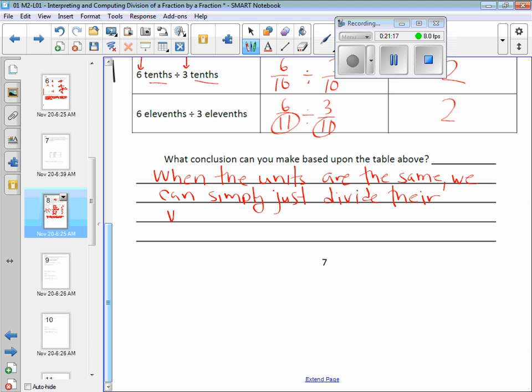Can you read my writing? Hold on. I'll read it out loud to you too. When the units are the same, we can simply just divide their values to get the quotient.